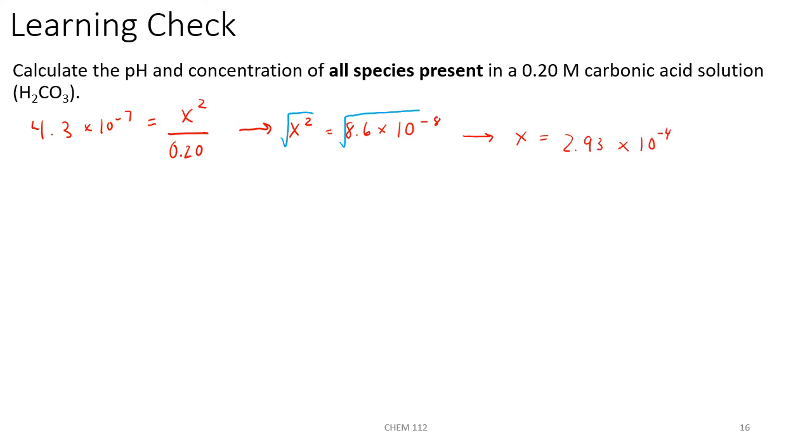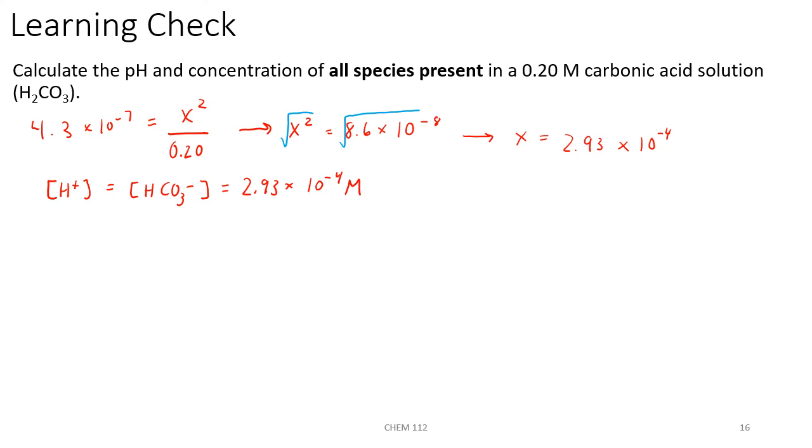And that value was equal to two of our species concentrations. That was equal to the hydrogen ion from the first step, which was equal to the hydrogen carbonate ion concentration. So both of those are 2.93 times 10 to the negative 4th molar.